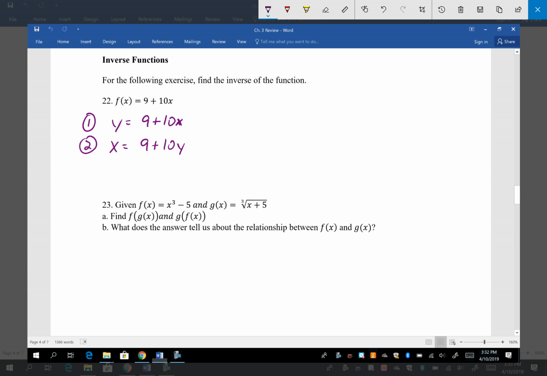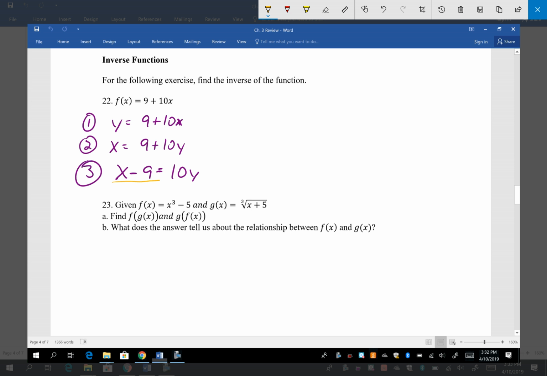Ooh, step 3. Solve for y. So the first thing I want to do is, what am I going to move over to the other side? The 9. So if it's positive 9 here, what is it when I move it over? So if x minus 9 equals 10y, what's going to be the last step?